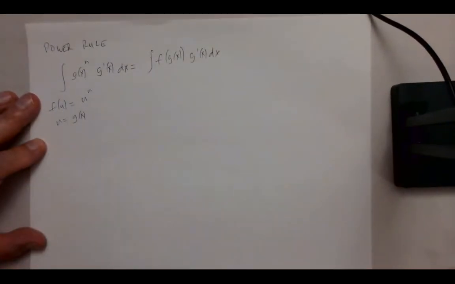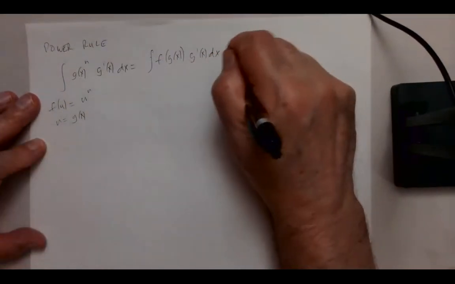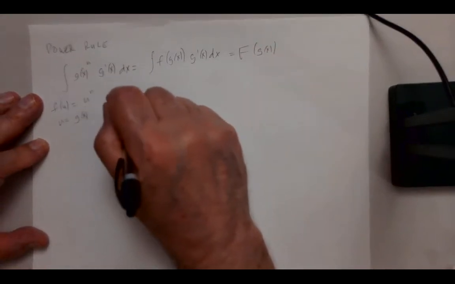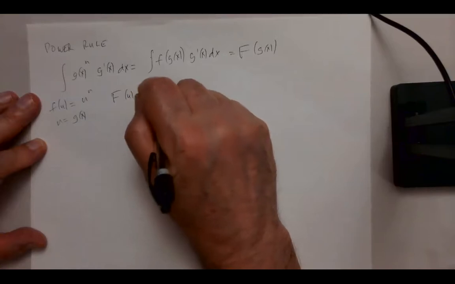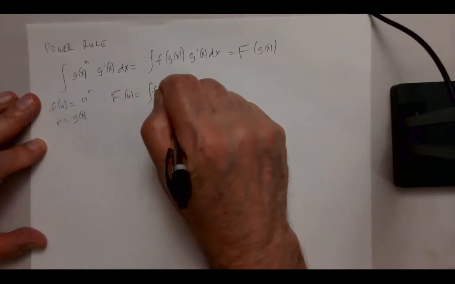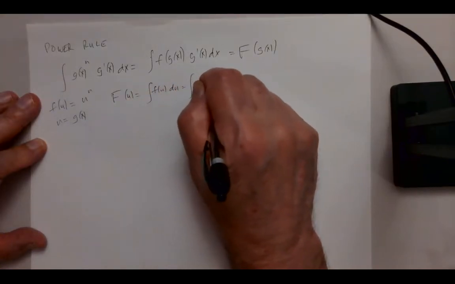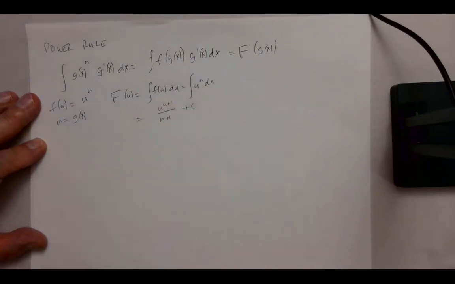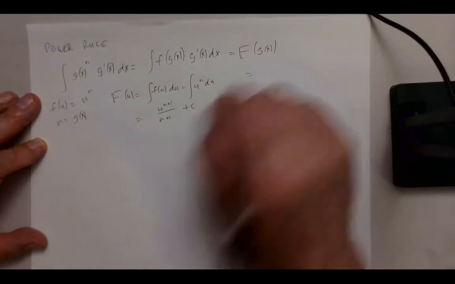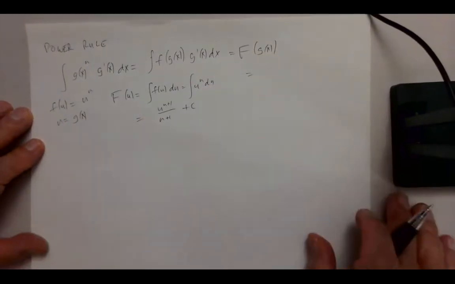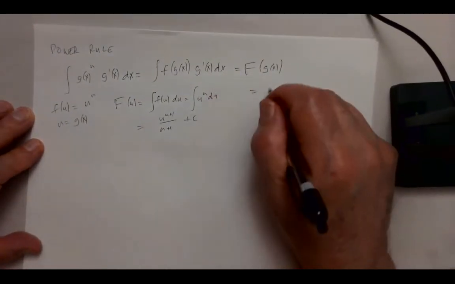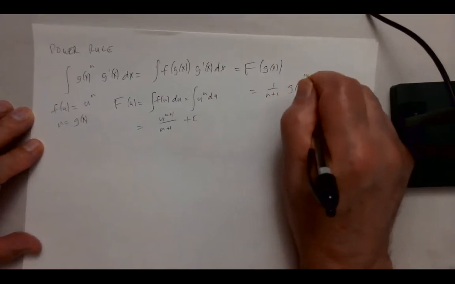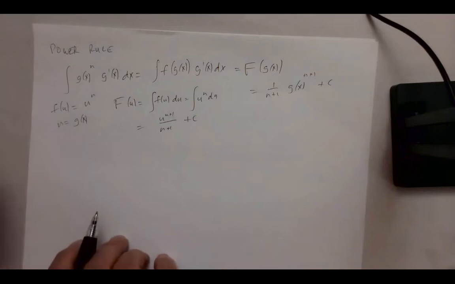So this is equal to capital F of g of x, where capital F of u is the antiderivative of little f of u, which is the antiderivative of u to the n, which is u to the n plus 1 over n plus 1 plus a constant. So this is equal to 1 over n plus 1, g of x to the n plus 1, plus a constant.